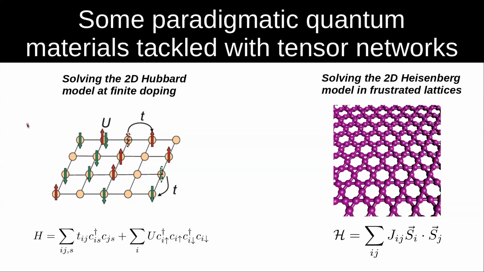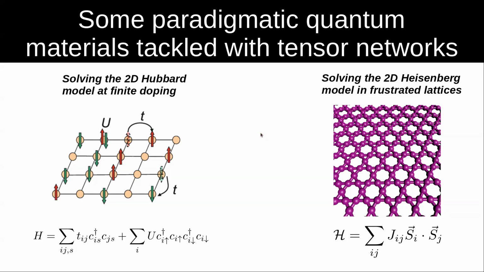And in particular, some of the paradigmatic 2-dimensional quantum many-body models, such as the 2-dimensional Hubbard model at finite doping, or the 2-dimensional Heisenberg model in different frustrated lattices, such as triangular lattice or Kagome lattice, can actually be solved with tensor networks, at least with the highest precision that we currently have.